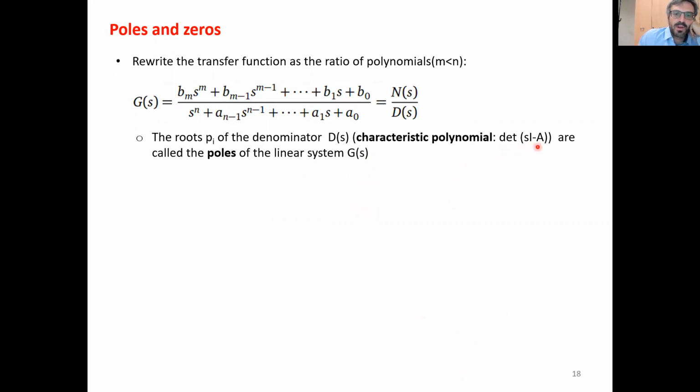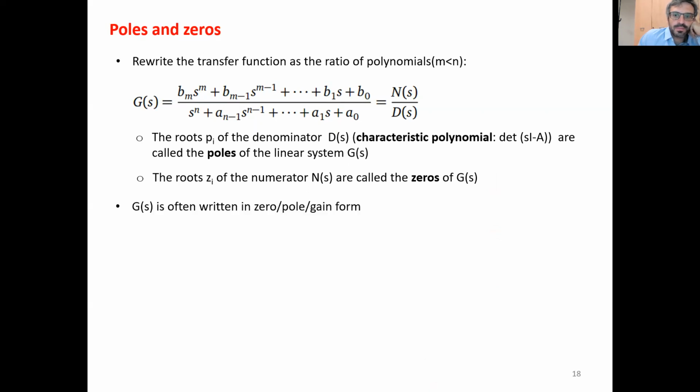If you do the inverse of (sI minus A), you will see that the denominator is the determinant of this term, and this is exactly the denominator you get. The roots z_i of the numerator are instead the zeros of the transfer function. The transfer function can often be written in zero-pole-gain form, so you just rewrite the polynomials extracting the roots: in the denominator you have the poles, and in the numerator the zeros.